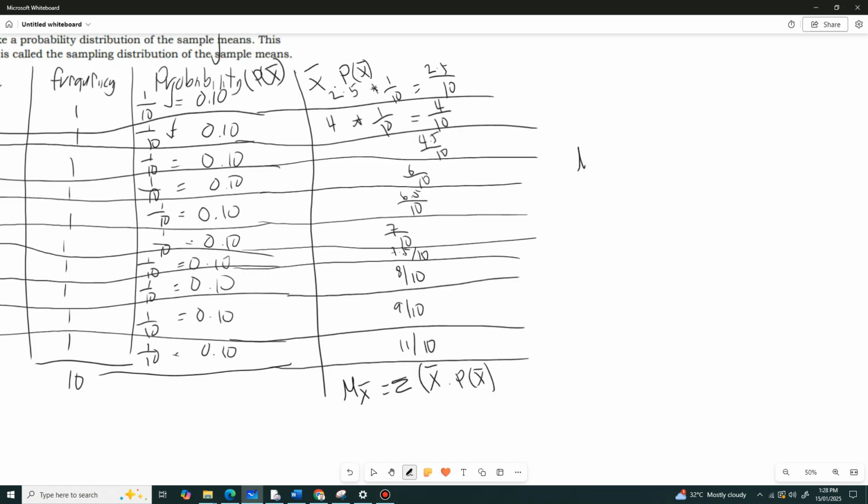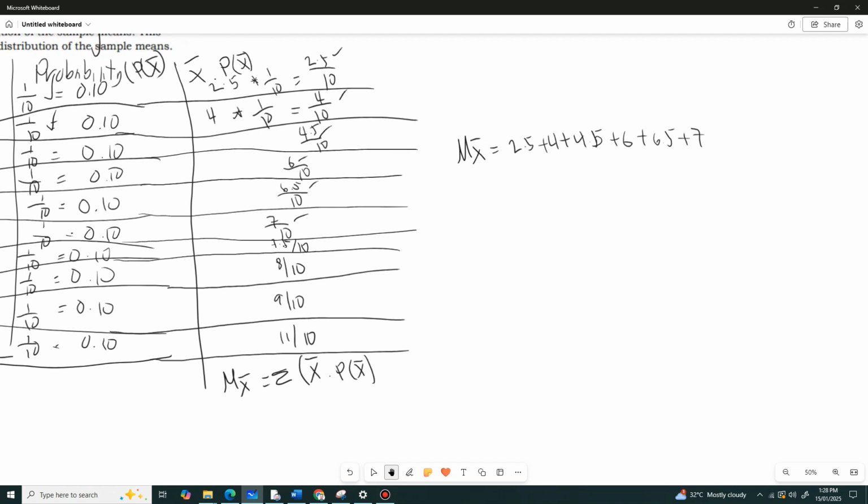So this will be 2.5 plus 4 plus 4.5 plus 6 plus 6.5 plus 7 plus 7.5 plus 8 plus 9, and lastly plus 11, all over 10. Our result will be 6.6.